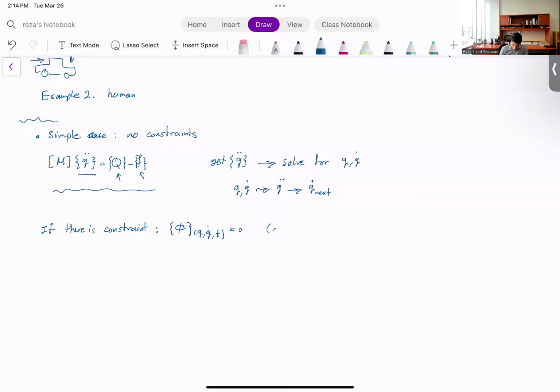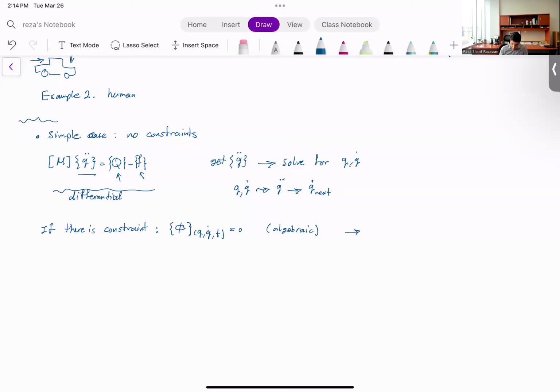So this one is a differential equation, and that one is algebraic. So if you have constraints, what you end up needing is a combination of differential and algebraic equations.